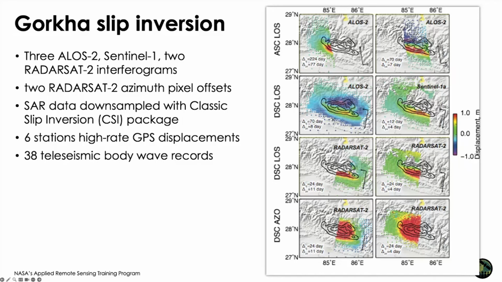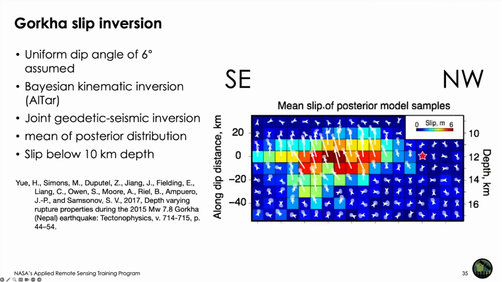These contour lines are the final slip contours. This is a side view of that slip model showing the slip on each patch of the fault, up to 6 meters of slip on these patches.